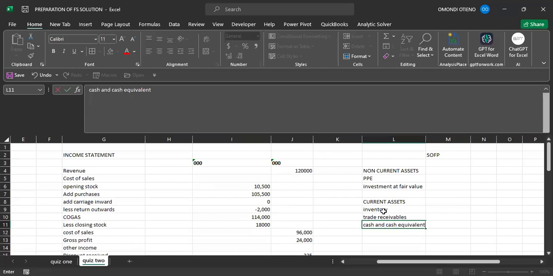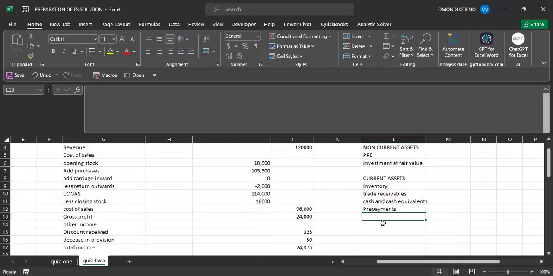When we have financial assets, if it is classified under current assets, it is recognized as cash and cash equivalent. Good. So let's see, then we also have what we call prepayments. Prepayments here will be current assets. Then we get now what we call total assets.